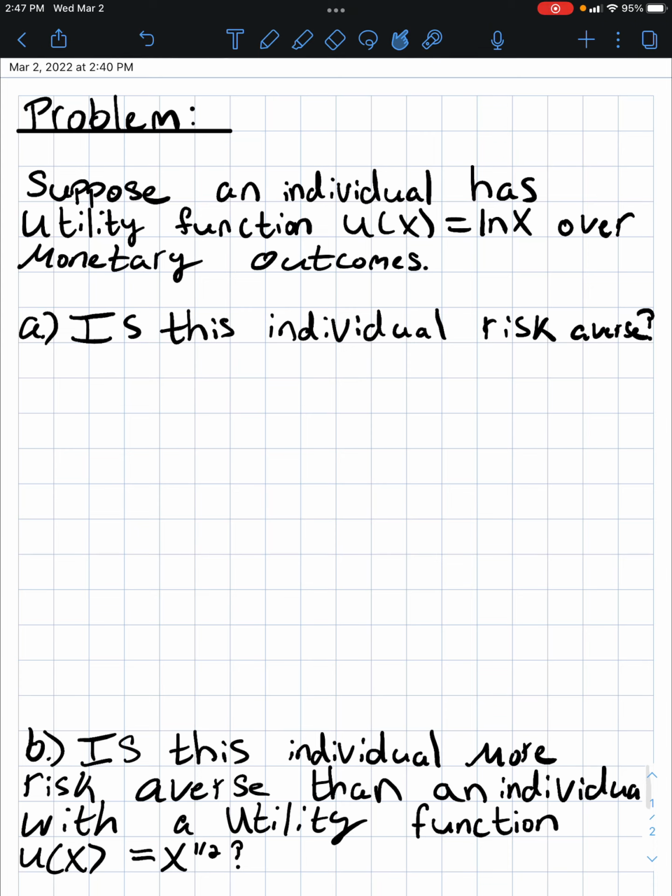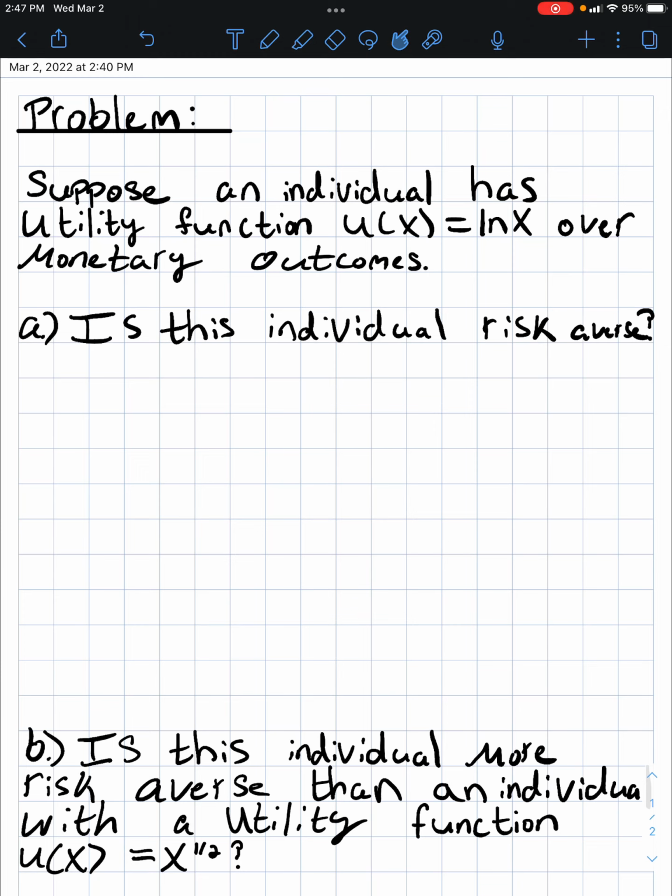Welcome back. Hopefully you were able to solve this problem. Now let's work on it together. Part A. Is this individual risk averse? So we need to determine if the utility function u of x equal to the natural log of x is risk averse. So how do we do that? Well, we need to find the natural log of x second derivative, and we need to determine if it is less than 0 or strictly concave.